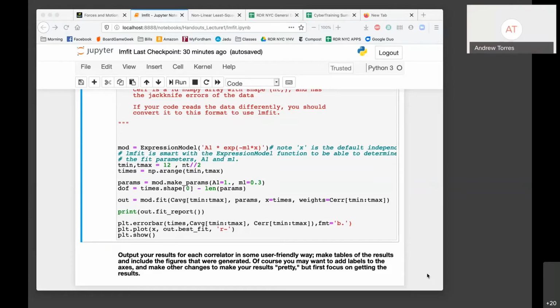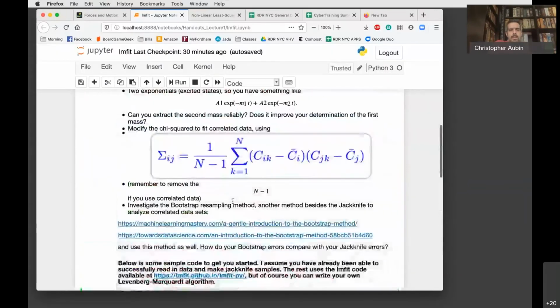So also, just because I got a couple of questions here in the chat. This is part of the generalizing the code comment that I have in the goals section.